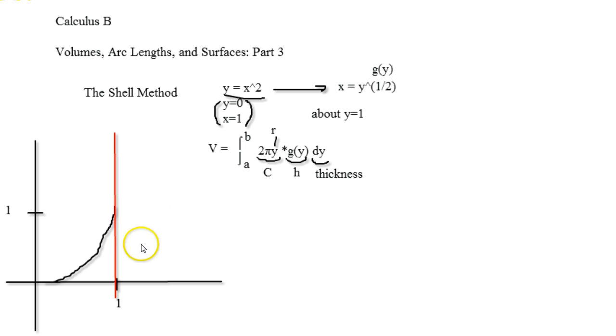That's going to be our boundary line on the right side. Now we're going to rotate about y equals 1, which is going to be this line right here. We're going to be doing a rotation that looks like that.